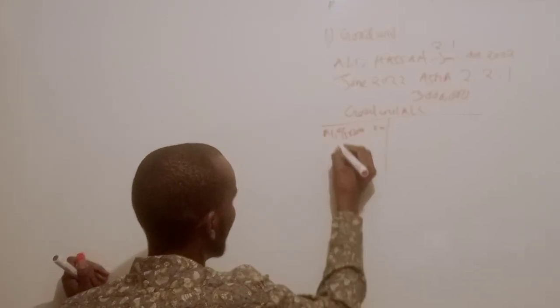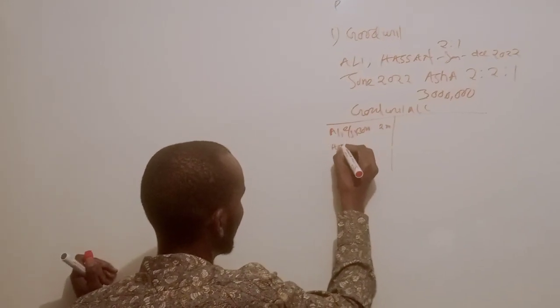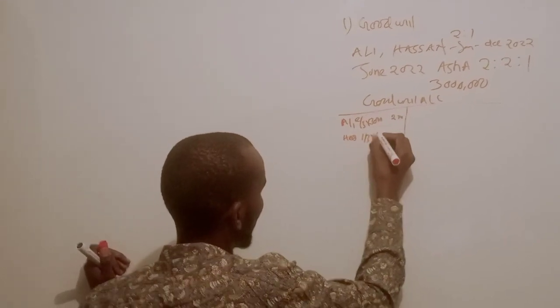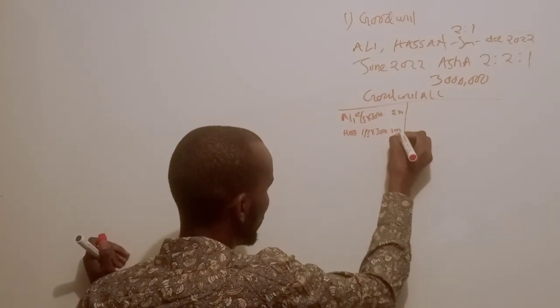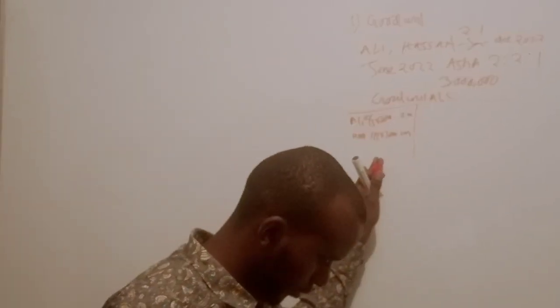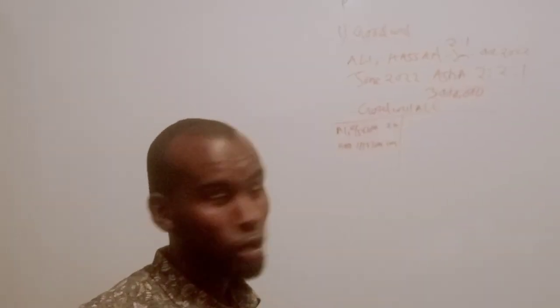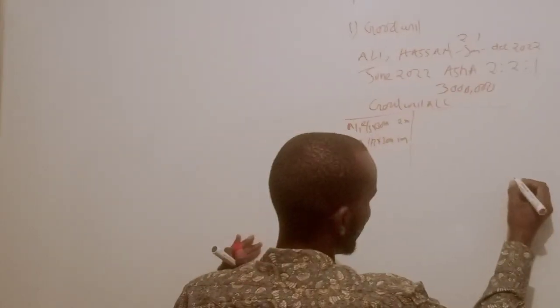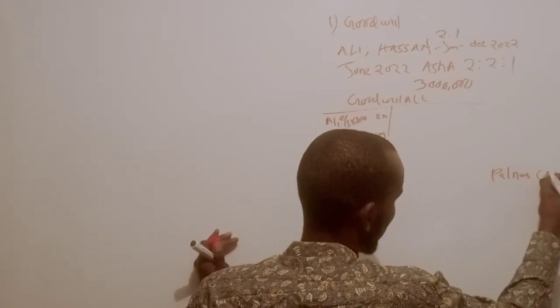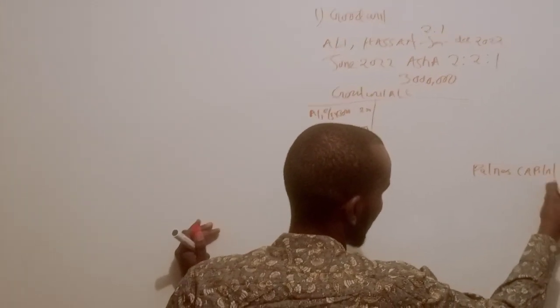And Hassan, you will get 1 over 3 times 3 million, that becomes 1 million. Now, this is the debit entry. The credit entry will go to the partner's capital account, not current, but partner's capital account.